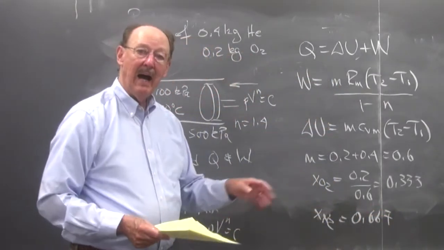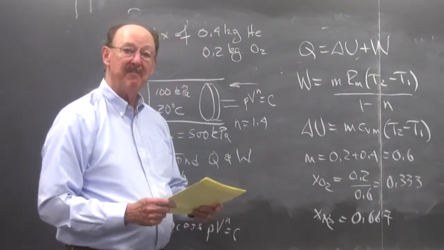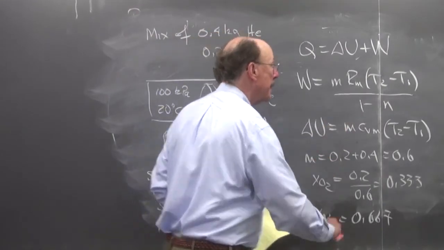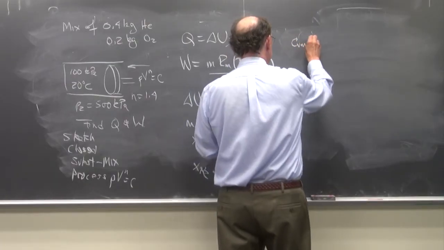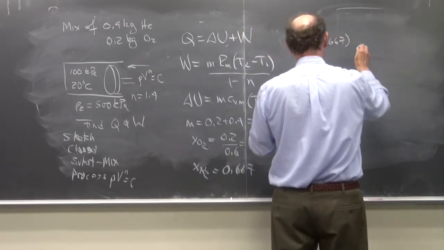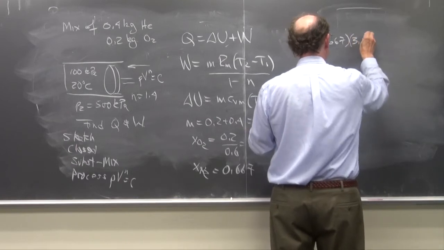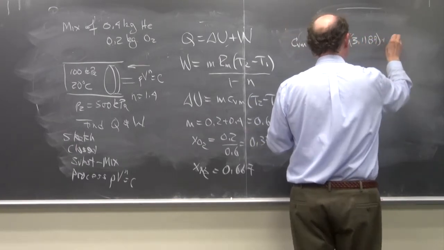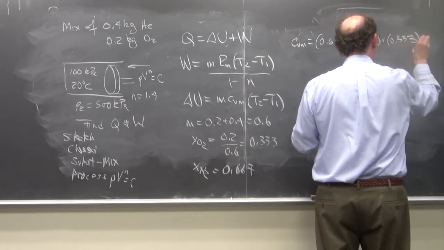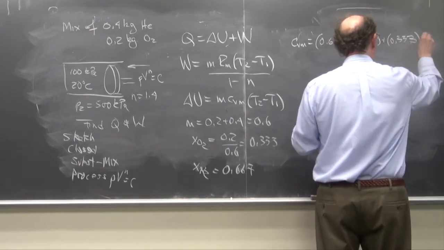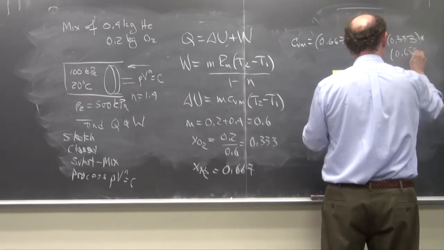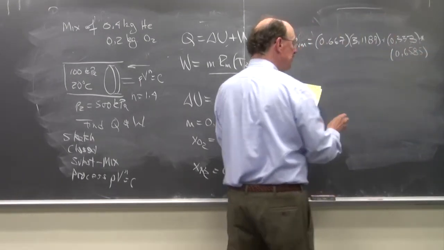So I have what the Xi are, and now I can find the C sub V and the R. C sub V of the mixture is 0.667 times C sub V of helium, 3.1189, plus 0.333 times 0.6585.